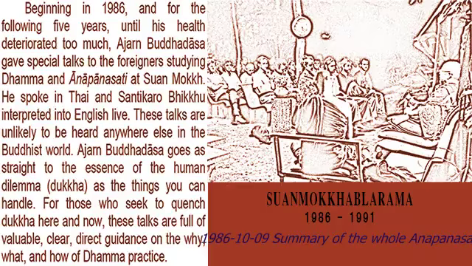Passaddhi, the tranquility factor of enlightenment. Samadhi, the concentration factor of enlightenment. And then Upekkha, the equanimity factor of enlightenment. These 7 factors are developed through the completion of Anapanasati, and then enlightenment is assured.